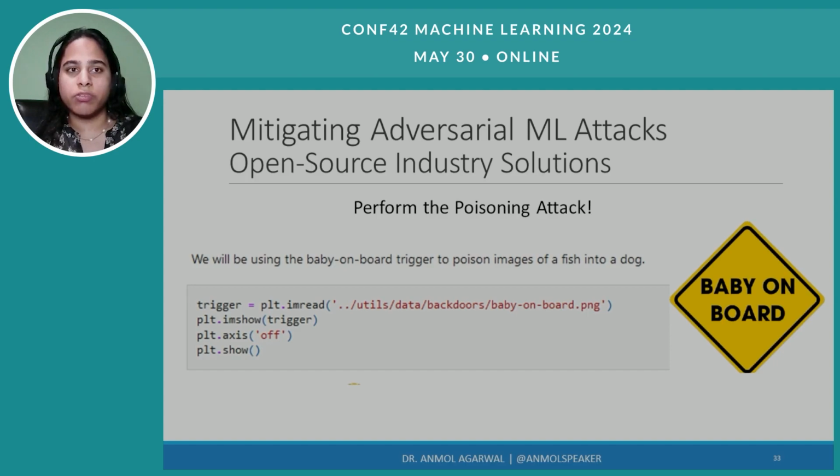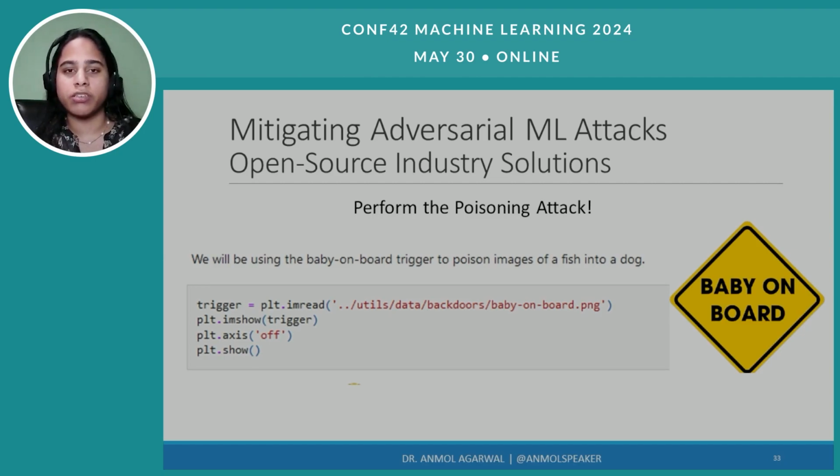Now you can actually perform a poisoning attack using this tool. They're using something called triggers, and they have different triggers which can be used to carry out attacks. In this example, we're using the baby on board trigger to poison images of a fish into a dog.